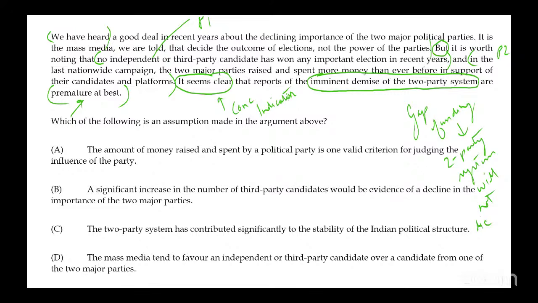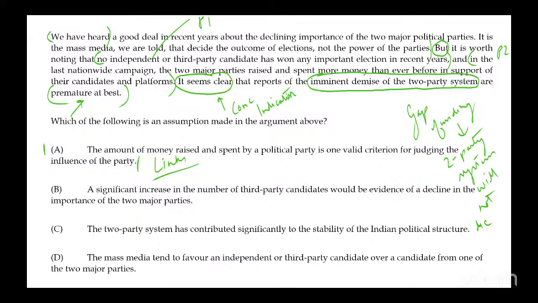Look at it. The amount of money raised and spent by a political party is one valid criterion for judging the influence of the party. What about A? Does it fix that gap? Yes, it does. It links the fact that two parties are raising and spending the most money to the conclusion that they are still very, very relevant.